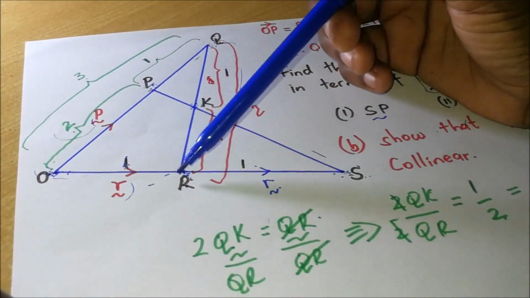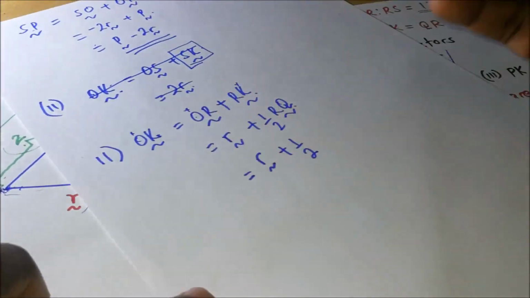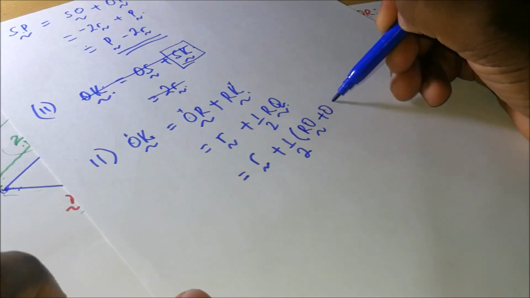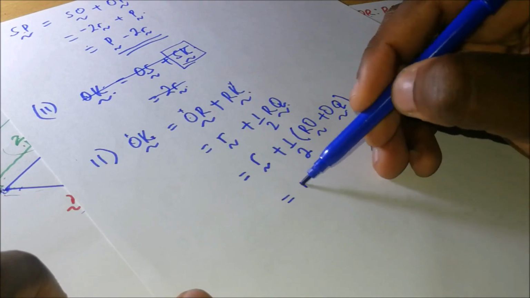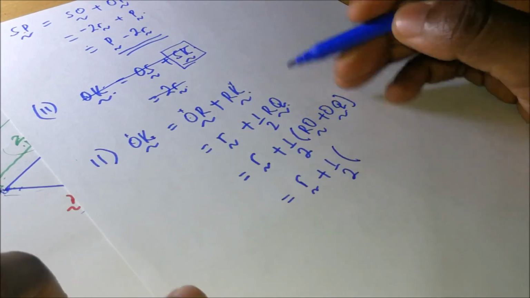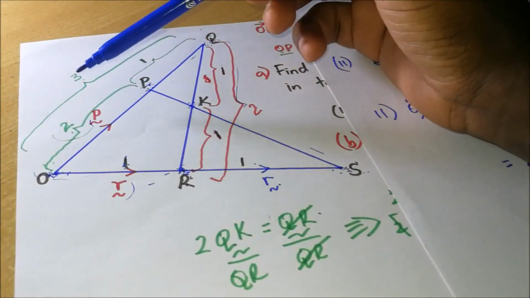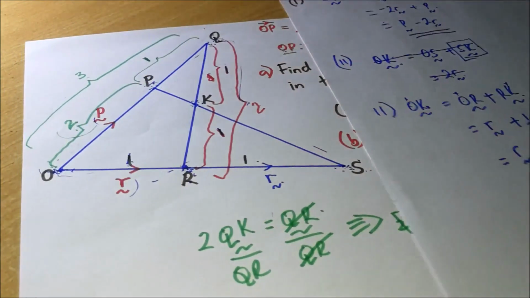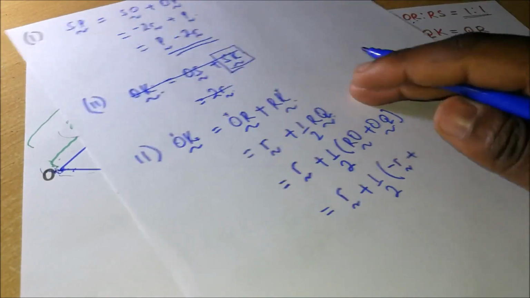It's going to become RO plus OQ. So that's going to become R plus a half into RO plus OQ. Right here we have RO as negative R. So RO is negative R plus OQ.